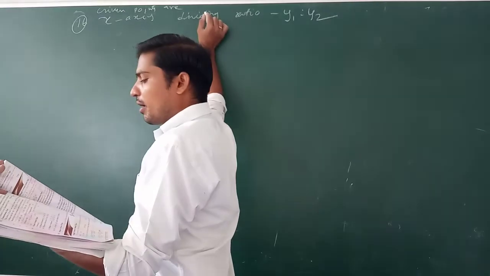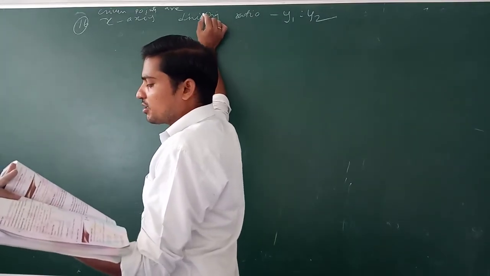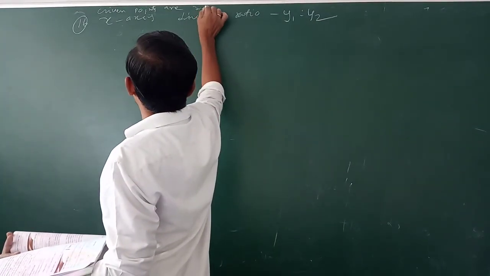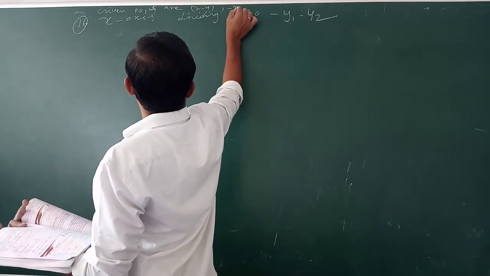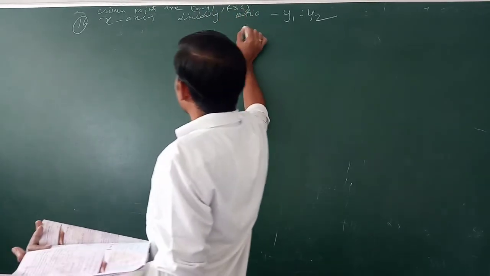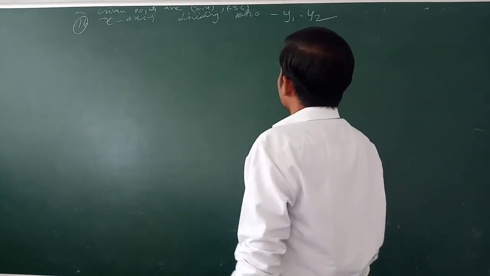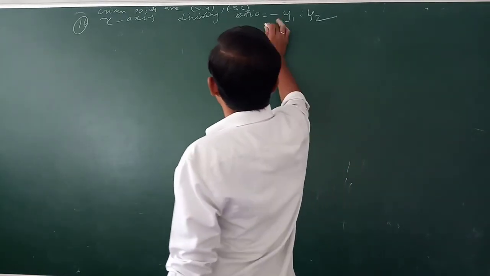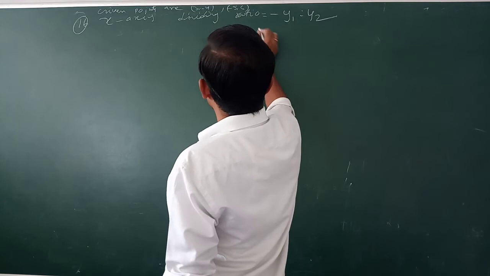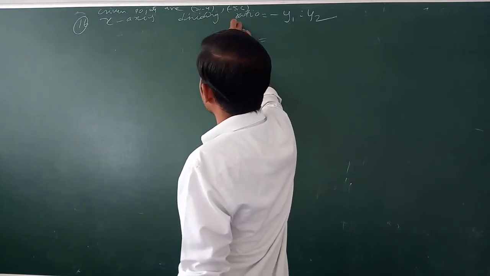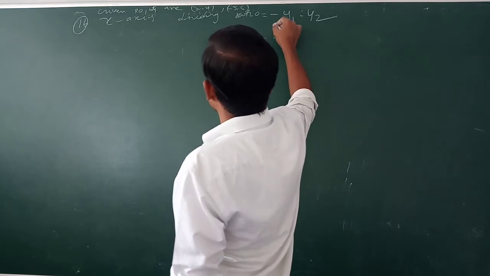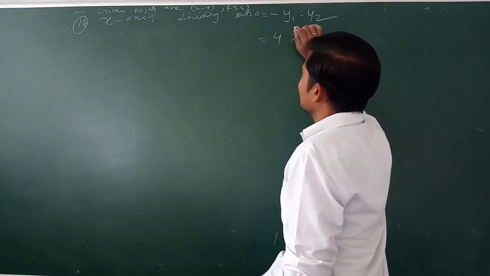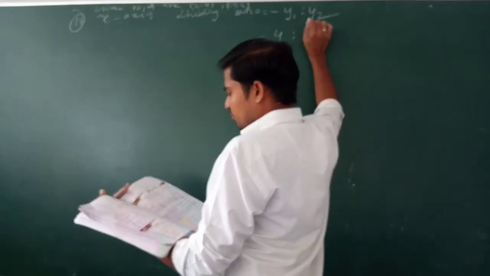What are the given points here? 3 comma minus 4 and minus 5 comma 6. The x-axis dividing ratio is equal to minus y1 is to y2. Minus y1 here is minus of minus, which becomes plus 4, and y2 is 6, the y-coordinate of 5 comma 6.